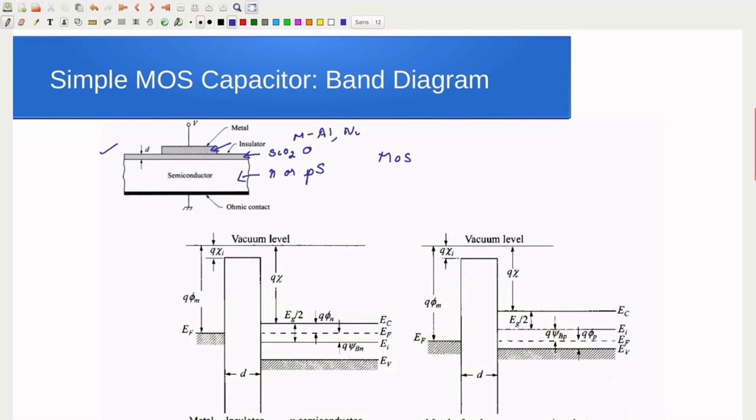The main aim of studying the MOS capacitor is what happens to it when a voltage is applied. That is what we will be studying in detail. A voltage V can be applied at the metal side, and the other side, the semiconductor side, is connected to the ground through an ohmic contact.